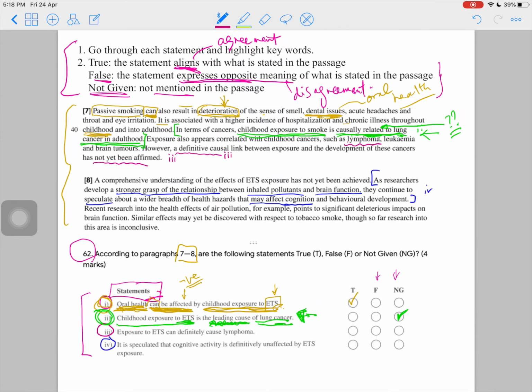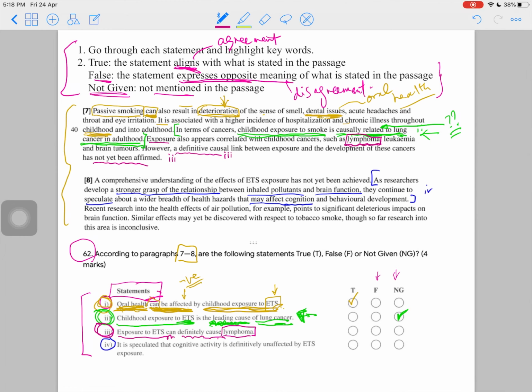So let's go down to the next one, okay, which is number 3. Exposure to ETS can definitely cause lymphoma. Okay. Now, if you look up here, I've highlighted already. Keywords here, lymphoma right here, lymphoma.